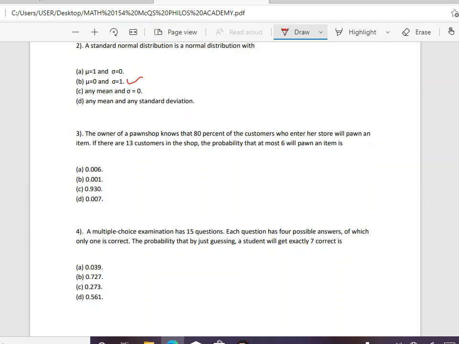Question 3 says the owner of a pawn shop knows that 80% of the customers who enter a shop will pawn an item. If there are 13 customers in the shop, the probability that at most 6 will pawn an item is. Now, before you solve this question, you should know the formula for binomial.